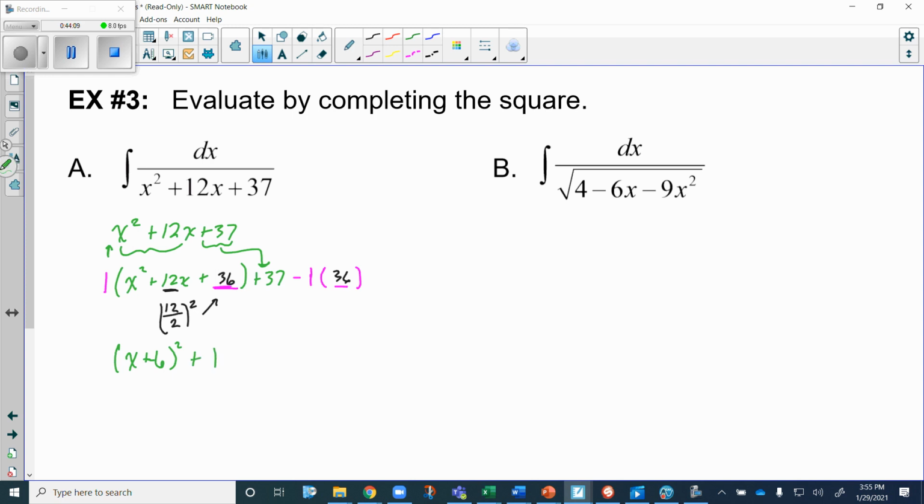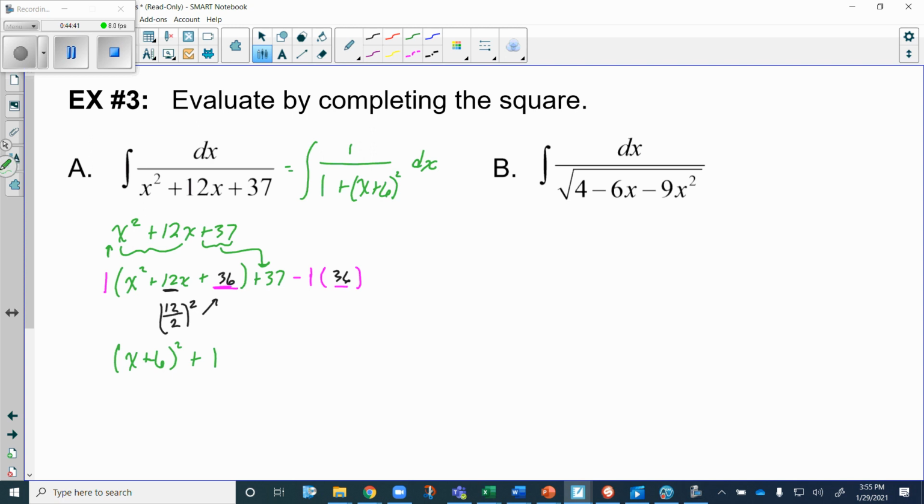Okay, so that is what we did to complete the square. So I can look at this as the indefinite integral of 1 over, and let me put it in this order so that it might make a little bit more sense, because this will tie back to what we saw in a previous example. 1 plus (x plus 6) quantity squared dx.